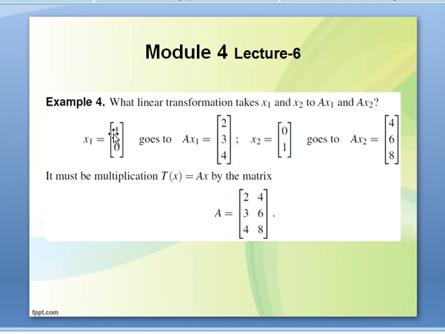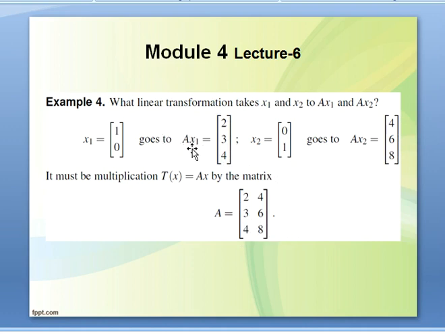When x1 is multiplied with this, we get Ax1. When A gets multiplied with (1, 0), we get only the first column. Similarly, when A is multiplied with (0, 1), we get only the second column.